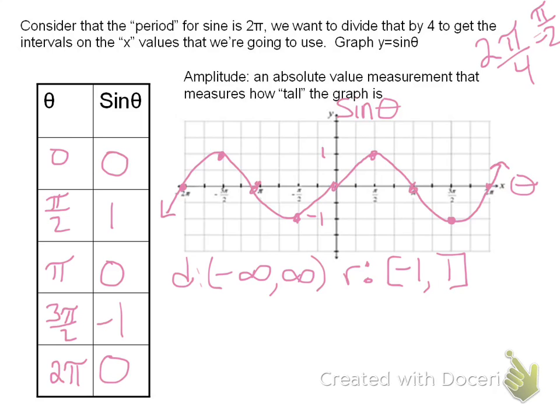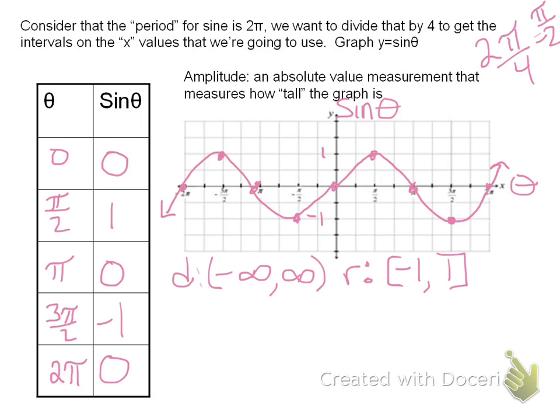All right, so let's talk about the amplitude. The amplitude is the quote-unquote absolute value of the height of it. So if you look at it from period to period, from 0 to 2 pi, it goes up to a maximum height of 1. It goes down to a minimum value of negative 1.